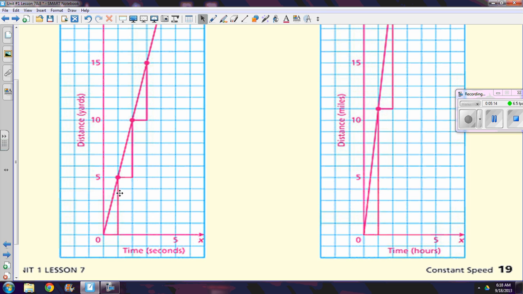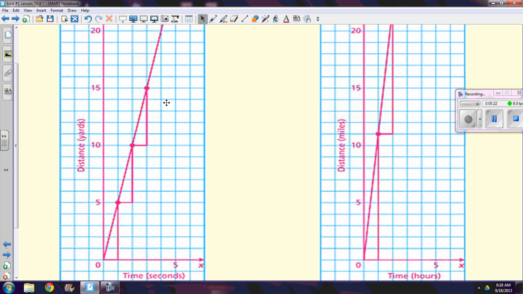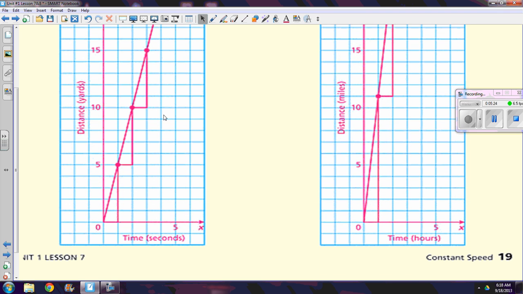You would place your dot at 5, in 2 seconds, 10, in 3 seconds, 15, in 4 seconds, and so on. And then to make the constant unit rate known, we're on the triangle here, you would have 1, and then you draw up to the 5, then you go over to the 2, draw up to the 10, over to the 3, draw up to 15, and so on.